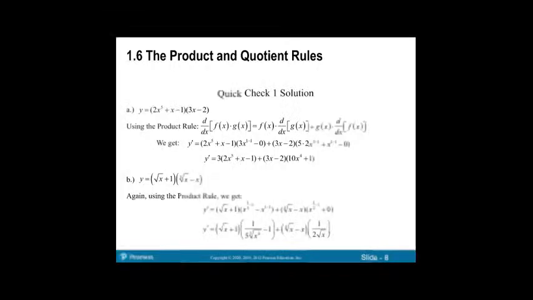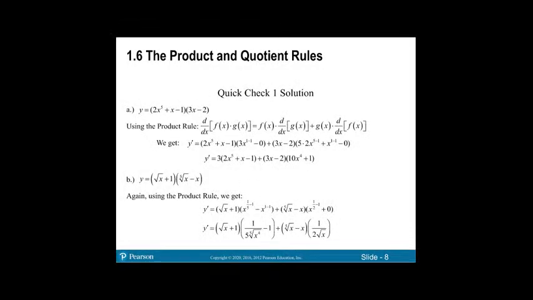Okay, I'm pretty sure that's the same thing they got. Square root of x plus 1, 1 over 5 times the fifth root of x to the 4 minus 1, fifth root of x minus x, 1 over 2 times the square root of x. Okay, that looks good.